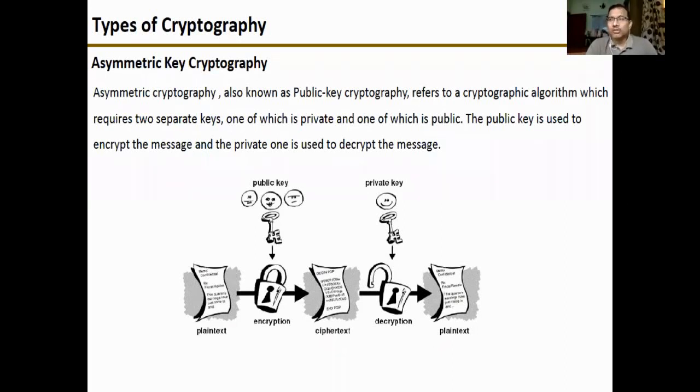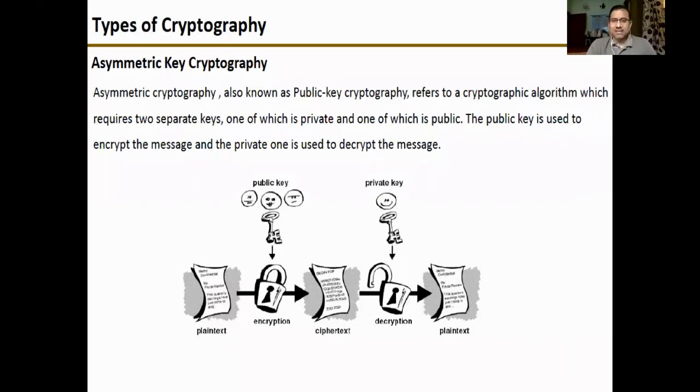So how does the encryption and decryption occur? Any party involved in this communication will have two keys. One is its public key, which will be known to all the other parties who want to communicate with that individual, and the private key, which will only belong to himself and will not be revealed to any other.